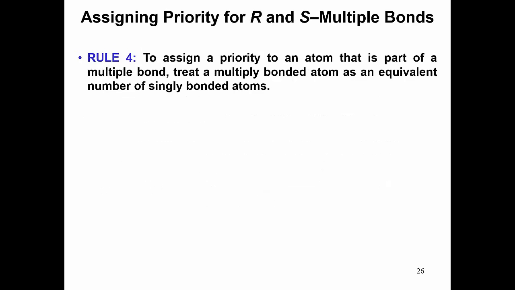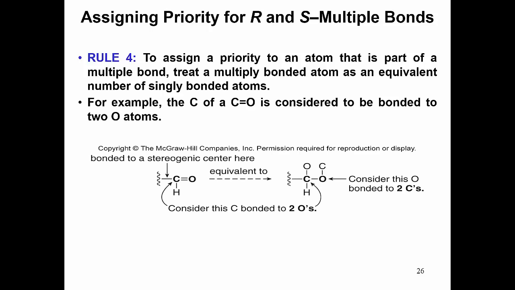And so, multiple bonds. We think about multiple bonds as bound twice. What do we mean by that? Let's take a look at the carbonyl, the C double bond O group that's shown in the example. The way we would think about that group is one carbon bound to two oxygens.